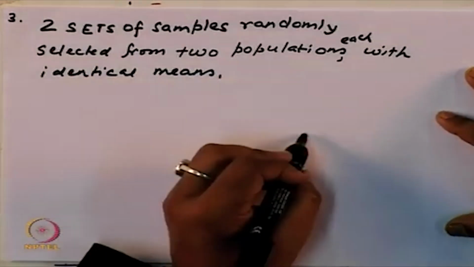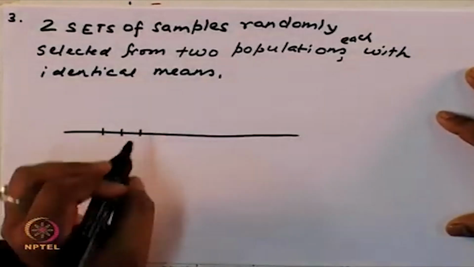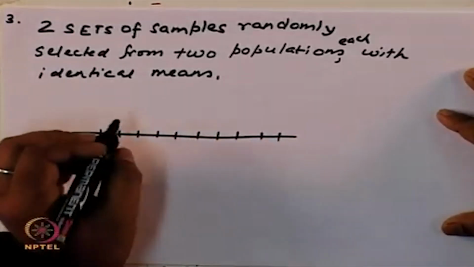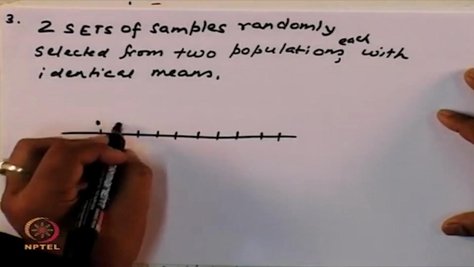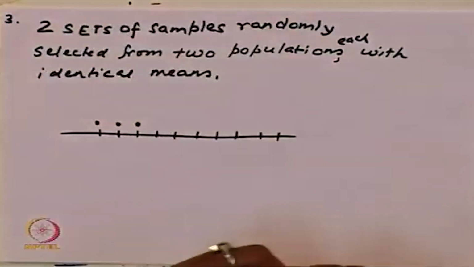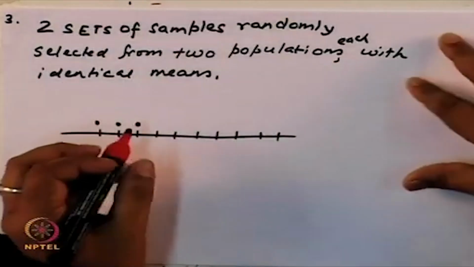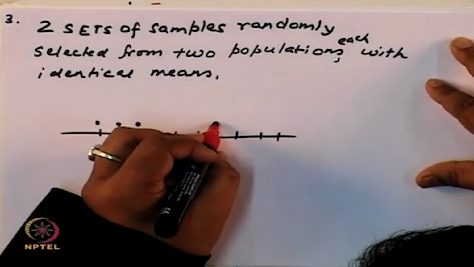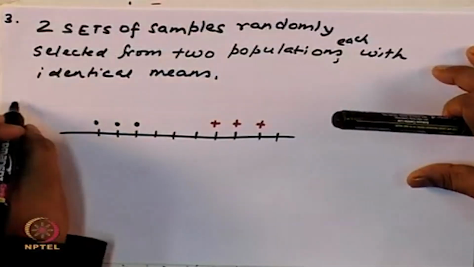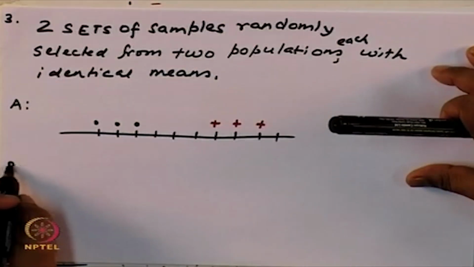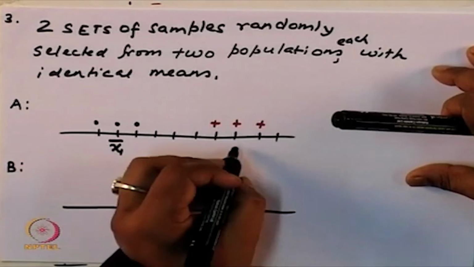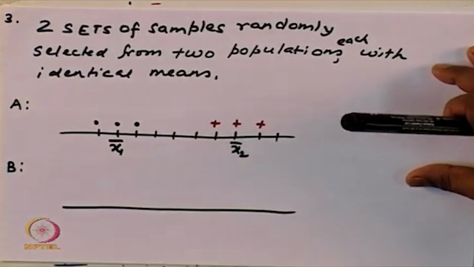Let me draw one particular case. Imagine one of the samples gives you this value, the other sample gives you this value. So, this is your scenario A. Imagine the other scenario. So, this is your x1 bar and this is your x2 bar.